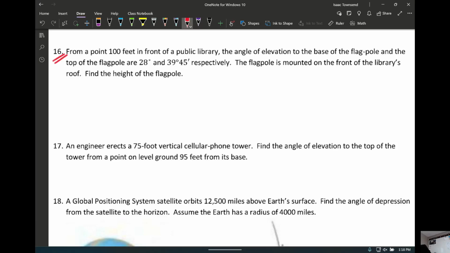So where's the flagpole? So this is the flagpole. To the base of the flagpole, it's 28 degrees. So, oh, okay, there's the flagpole. Does this mean, oh, I got it. That's the base of the flagpole. So okay, so here's the flagpole. That's the top of the flagpole.